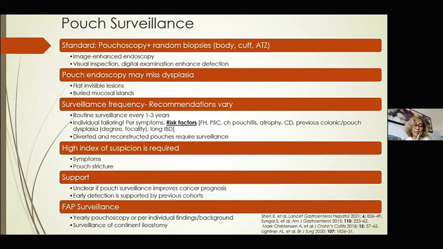As has been mentioned here, a very high index of suspicion is required in these patients during surveillance for any symptoms, pouch stricture, pain, etc. There is no direct support for the benefit of pouch surveillance, but probably early detection has been supported by previous cohorts.